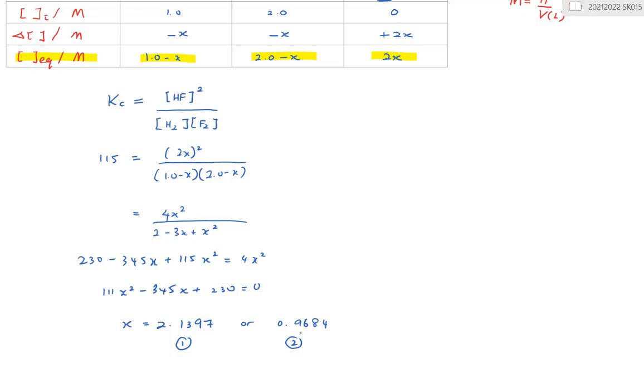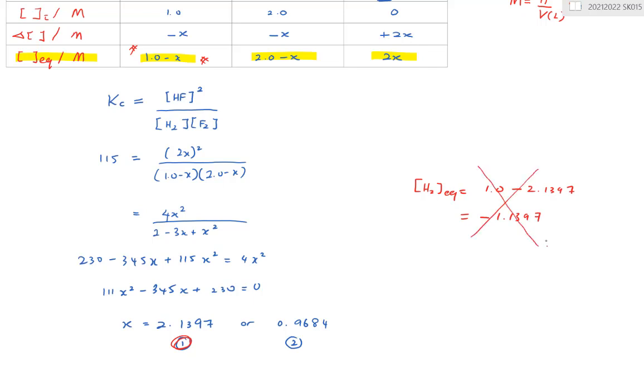You must make sure that the equilibrium value should always be positive. So you need to try and error, substituting the value of x into the equilibrium concentration. For example, if I want to calculate the concentration of H2, if we use the value x equals 2.1397, it will give you a negative value for the concentration, which is wrong.